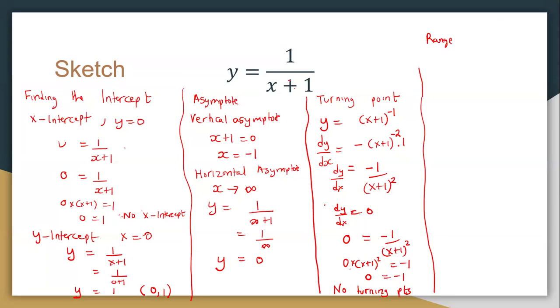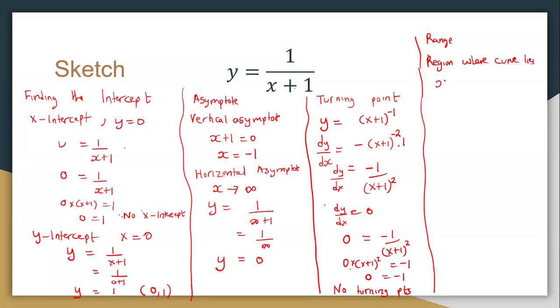If you are to find the domain, we know that the domain contains all the x values. So here the only other thing we need to know is where our curve lies, the region where the curve lies.